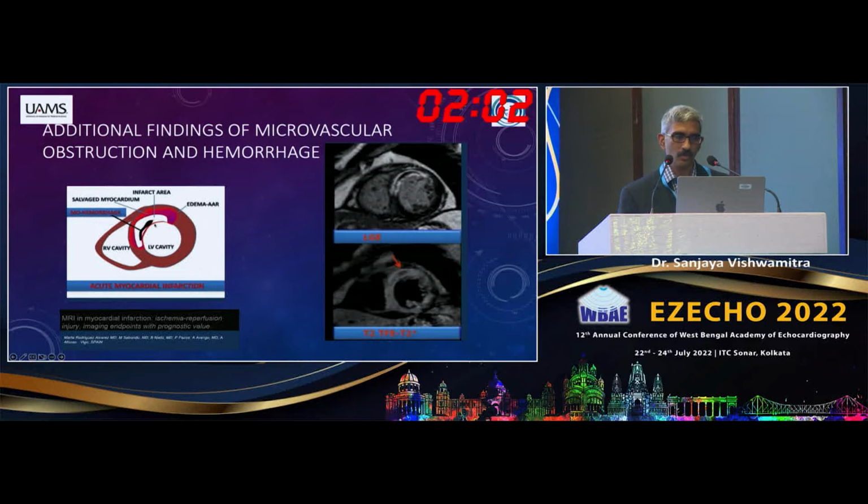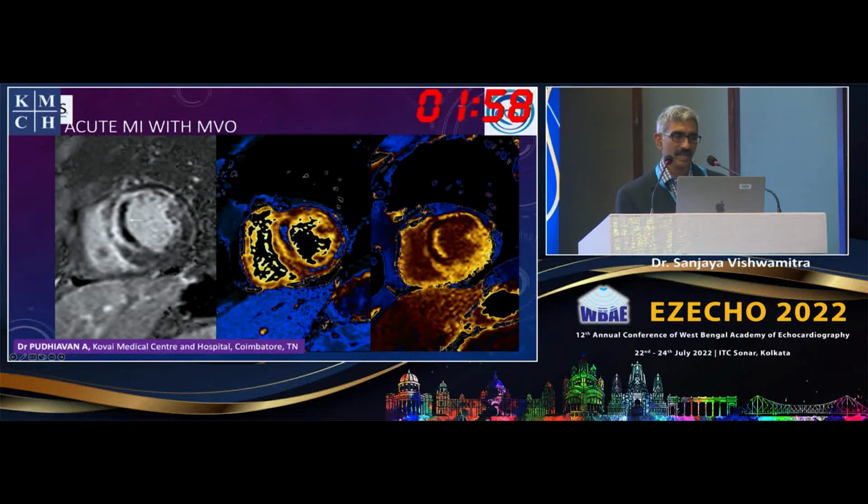When you do mapping in these patients, we also notice that microvascular obstruction can correspond to areas of hemorrhage as well. These are different mapping techniques shared with me by Dr. Pudiyavan from the Kovai Medical Center in Coimbatore. Though you can see the MVO quite nicely within an area of surrounding infarct, you can also look for changes of hemorrhage within that.